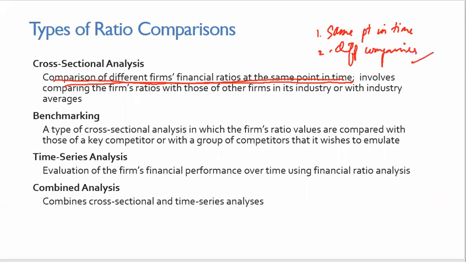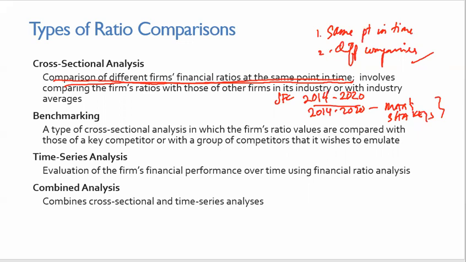For example, in our case, Jollibee, if you compare JFC's numbers from 2014 to 2020, okay? If you compare 2014 to 2020 of Max's, Shakey's, and other quick service restaurants, then you're doing a cross-sectional analysis.